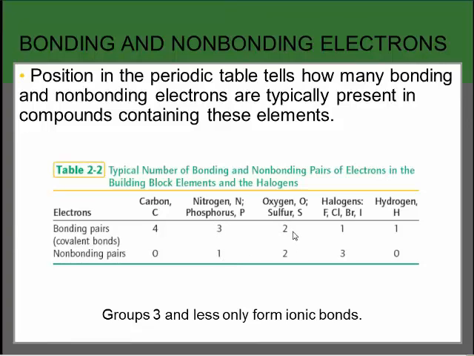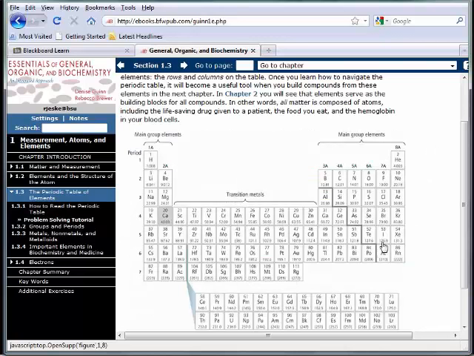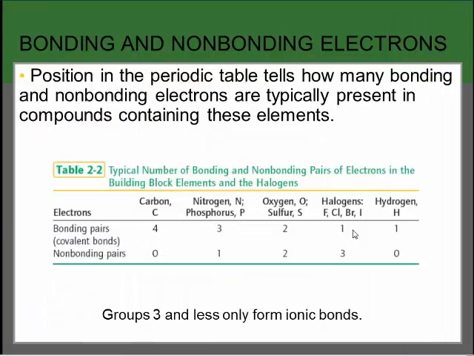Oxygen and sulfur, as we saw with H2O, oxygen had 2 bonding pairs, 2 bonds to H's, and it had 2 non-bonding pairs. The halogens all reside in group 7. They only need 1 more electron to become a full octet. So they only have to share 1 bond with other elements, and they have 3 non-bonding pairs of electrons.